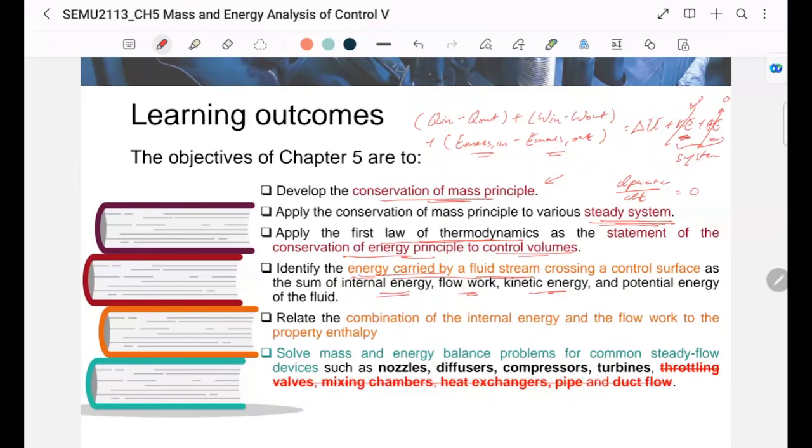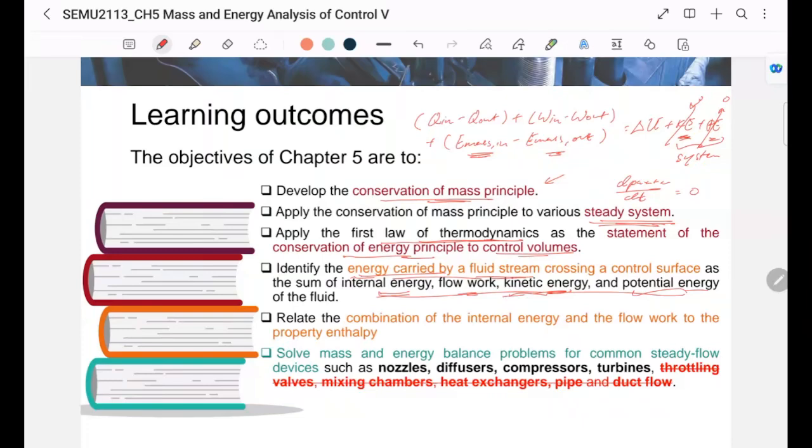The box itself is not being elevated, so therefore there's no potential energy associated with the box. But then the flow is moving. So the energy for the mass itself, because the flow is moving, the flow itself has a kinetic energy. The flow itself might have potential energy. So the total energy carried by the fluid itself is a sum of all of them, basically. The same concept generally.